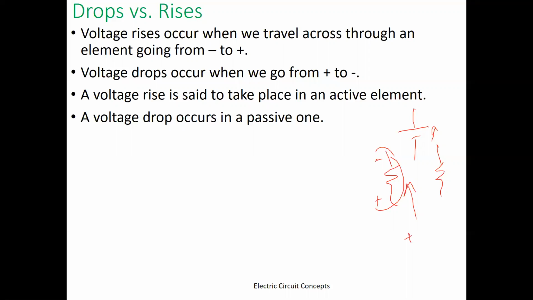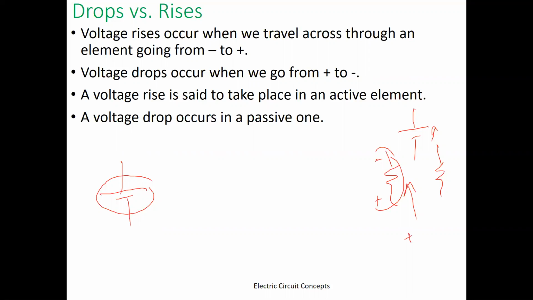Now, a voltage rise is said to take place in an active element. An active element is usually the element that will produce the voltage. They call it an active element because it gives us energy. A passive element, which is the opposite of an active one, is the element that will consume.